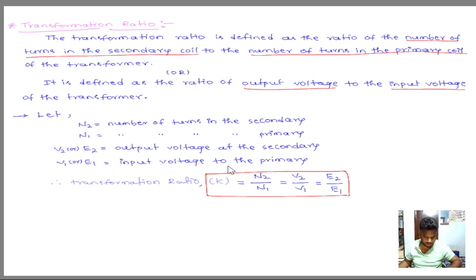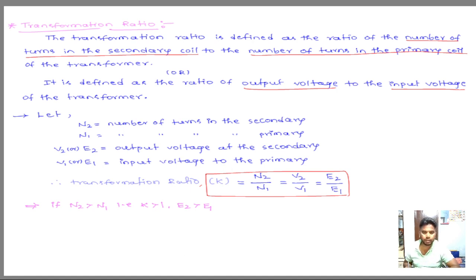From this transformation ratio, there is one conclusion. First, if N2 is greater than N1, in this case K is greater than 1, and E2 is greater than E1.